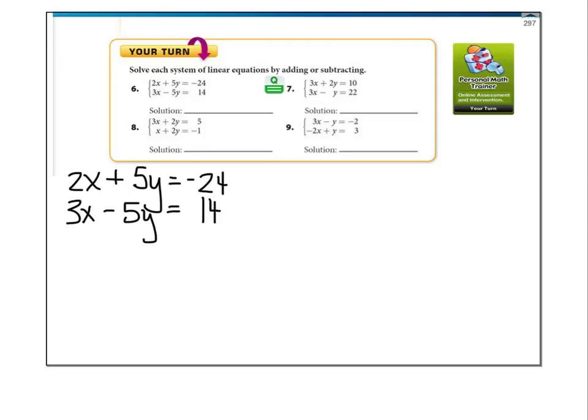Now, if you notice about this equation, remember there are two other methods we could use to solve this, graphing and substitution. Graphing we could do, but we would have to solve for y, which would be a little complicated, and then you'd have to set up a graph and graph it and then look for where they intersect. Substitution, if I look here, is there a variable that you would want to get by itself?